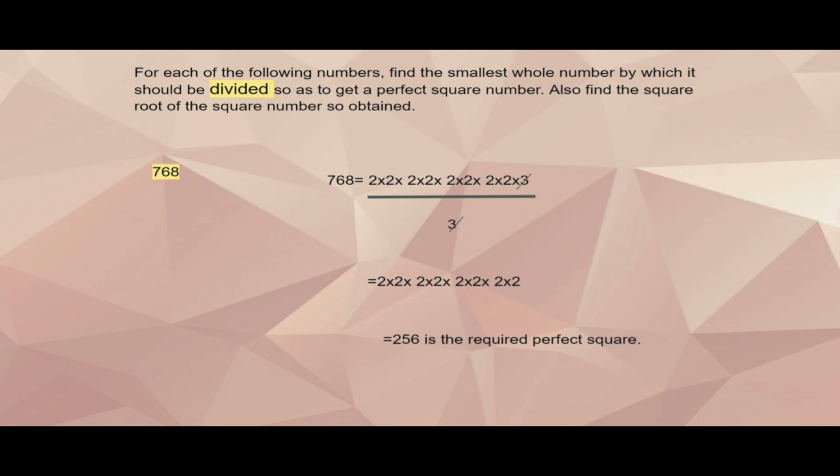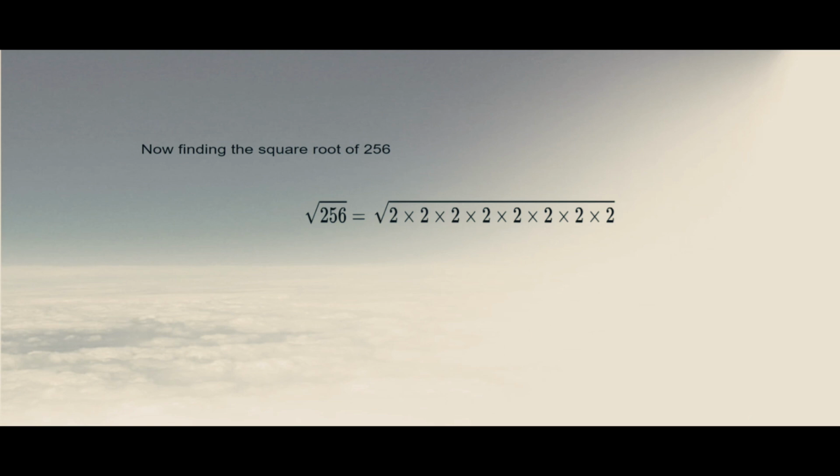Now, to find the square root of 256, we will write down the prime factors of 256, making pairs and picking one number from each pair.